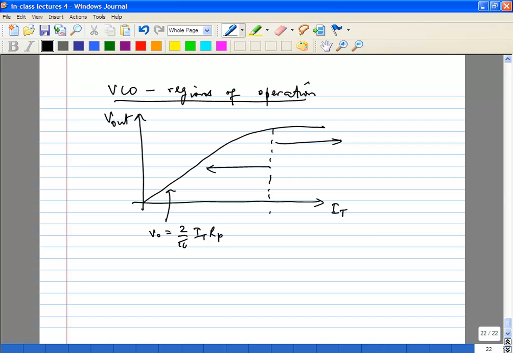This area is called the current limited region of operation. This area is the voltage limited region.